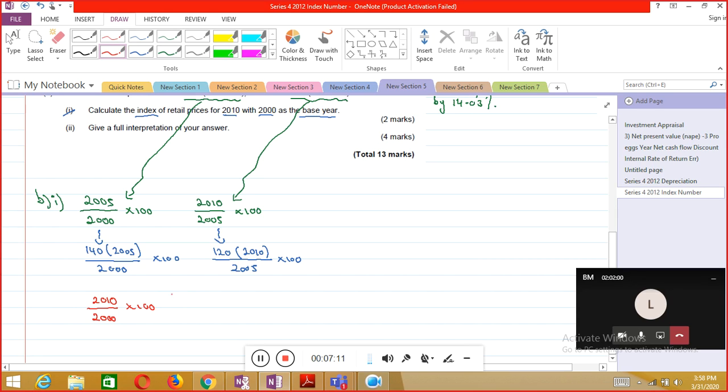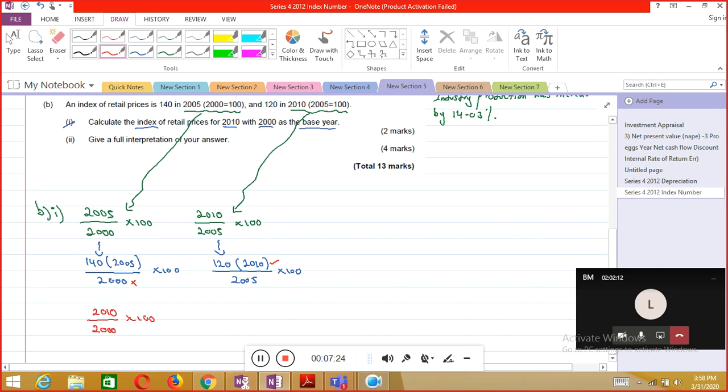So what happens here, we have 2010 but we don't have 2000. What they mention here is 2000 equivalent to 100, but there is no value for 140 over 2000, so there is no value here.